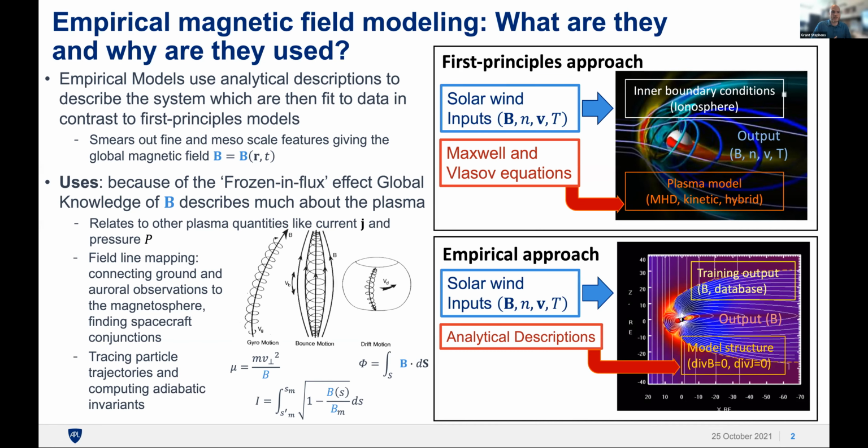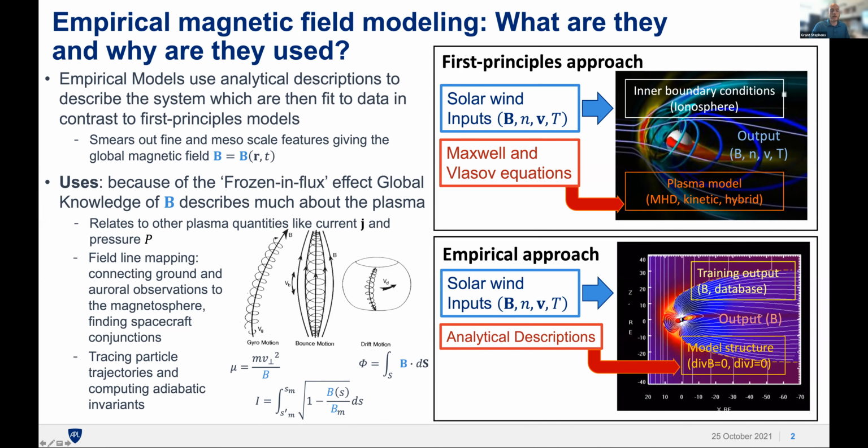And because of this, they're quite widely used, particularly because of this frozen-in flux effect, that the knowledge of the magnetic field really lets you correlate observations by using magnetic field line tracing. And the magnetic field can be related to other plasma quantities like the current density and also the plasma pressure.